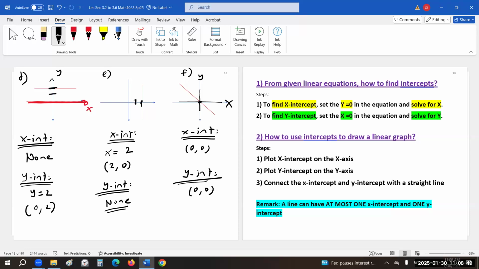And that's it, you find your equation. Now, one important note is that a line can have at most one x-intercept and one y-intercept. We cannot have more than one x-intercept or more than one y-intercept because it's a line. It intersects x and y-axis only once in their life.